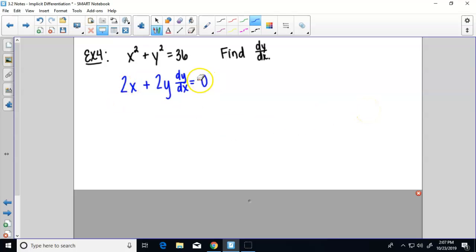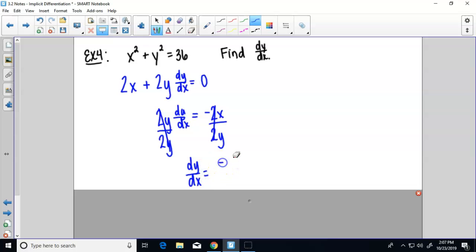And then for this one, you're going to move the 2x over to the other side, so you'll have 2y dy dx equals negative 2x. You'll divide, you don't have to factor on this one because there's nothing over there to factor. So you just divide by that 2y. The 2's can cancel, and your dy dx equals negative x over y. Okay, questions?